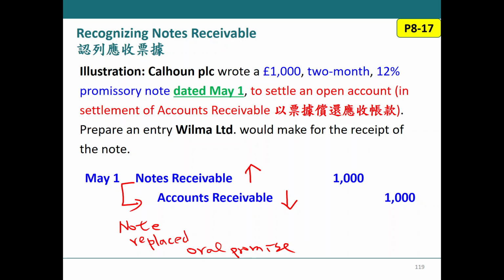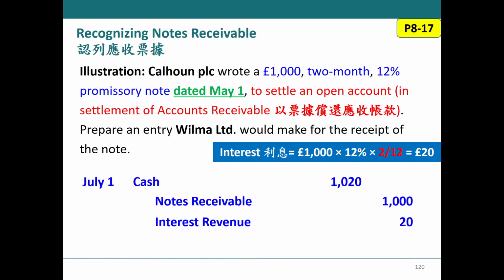How about after 2 months? After 2 months, you got the money, right? So how much money did you get? Principal and interest, okay? So after 2 months, you got what? $1,020. Why? Because there's a principal and interest.